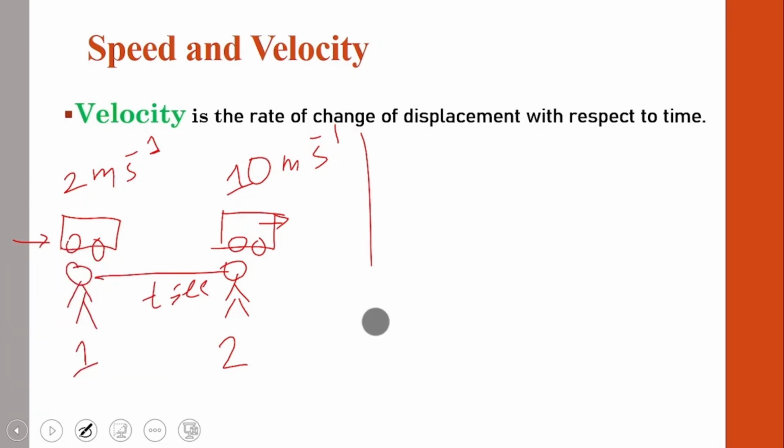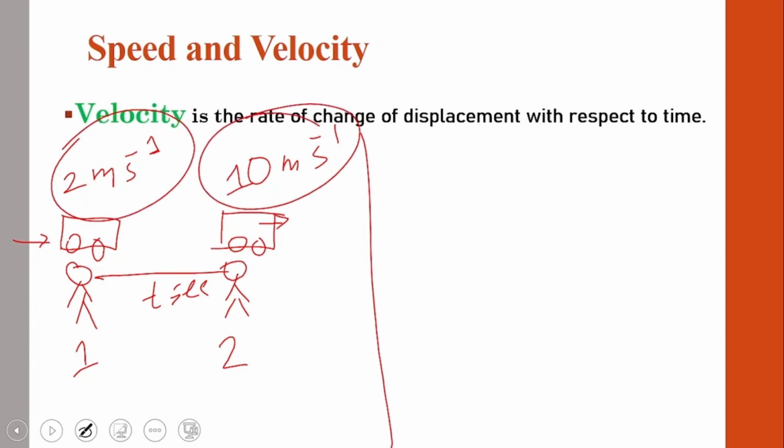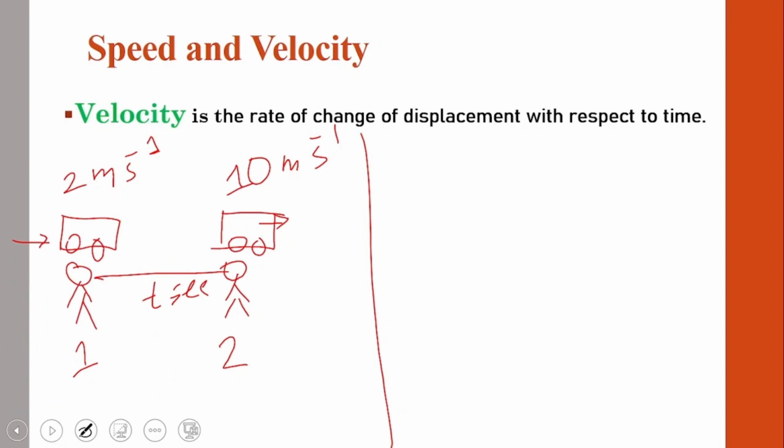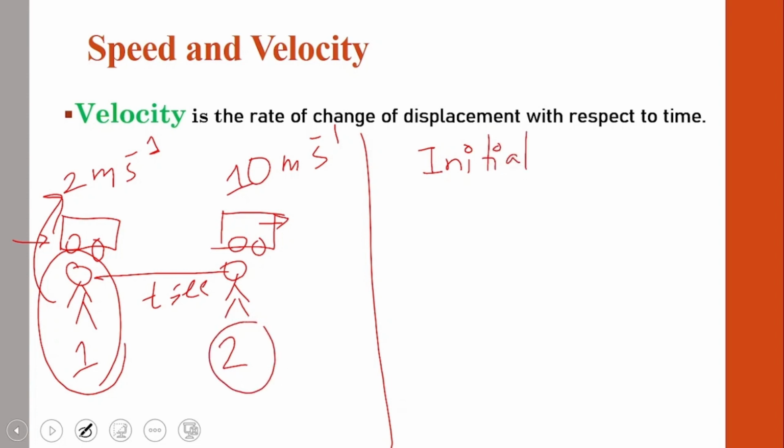Nice. Now here we can see two different velocities, one for person one and another for person two. The velocity that person one observes is called the initial velocity, and the velocity observed by person two is called the final velocity.